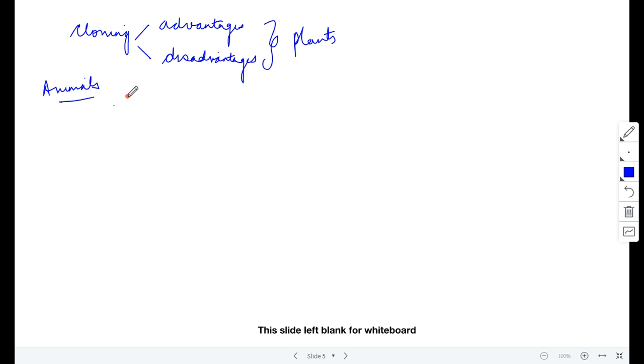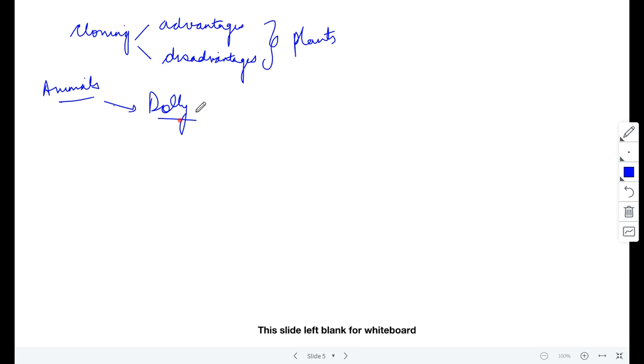Okay, so I'll give you an example. If we talk about animals, there is a sheep named Dolly. Dolly is the first mammal actually to be cloned using the cell of a sheep.